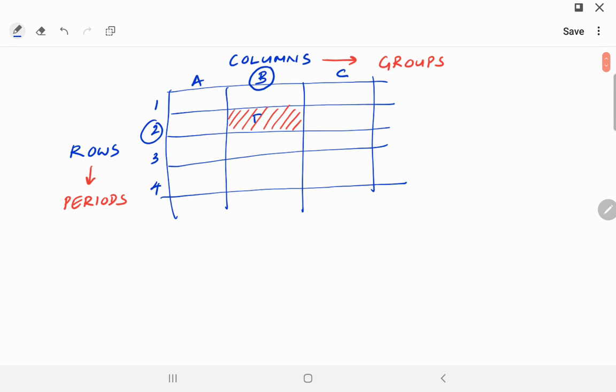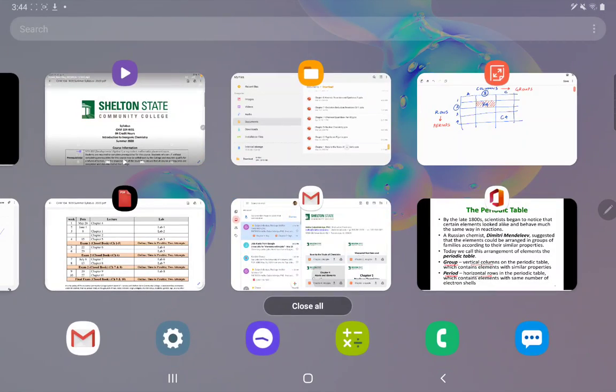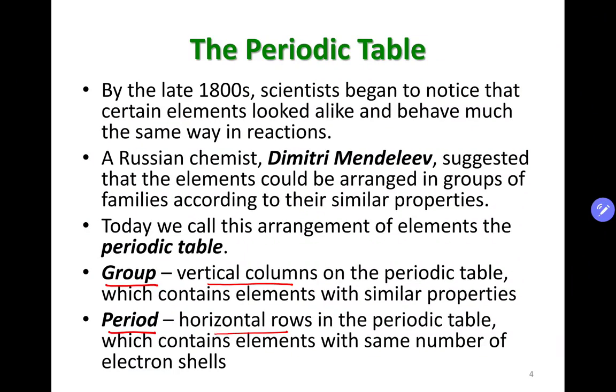So this will be B4, and this will be C4. By using the column number and the row number, you can easily identify each cell. And in chemistry, by using the group number and period number, you can easily identify different elements.